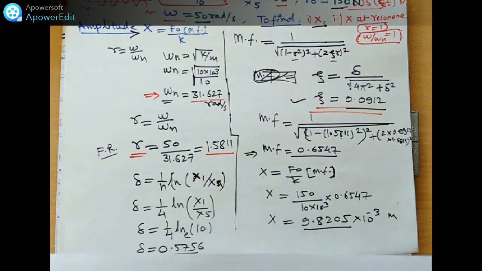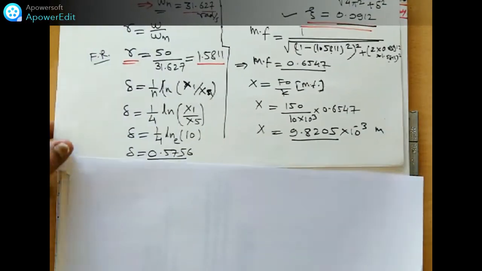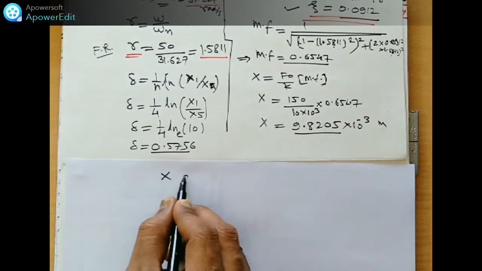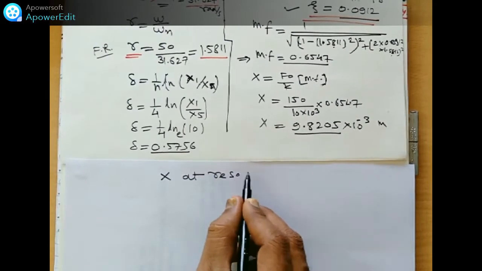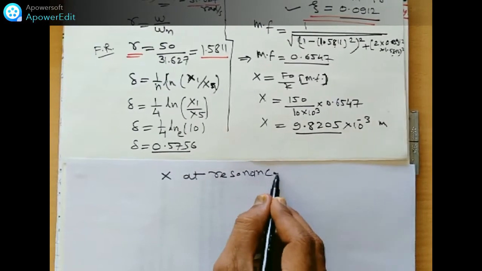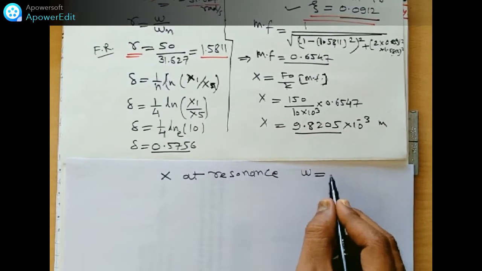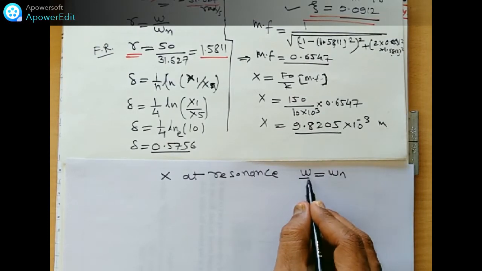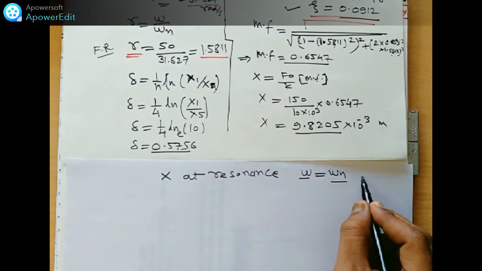Now what we have to find out is the value of x at resonance. Resonance occurs when omega is equal to omega n, when the frequency of the system is equal to the natural frequency of the system. So that means this r becomes equal to 1.